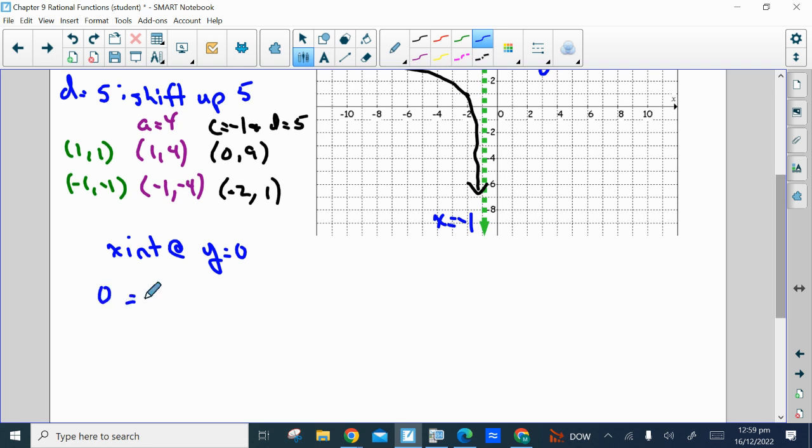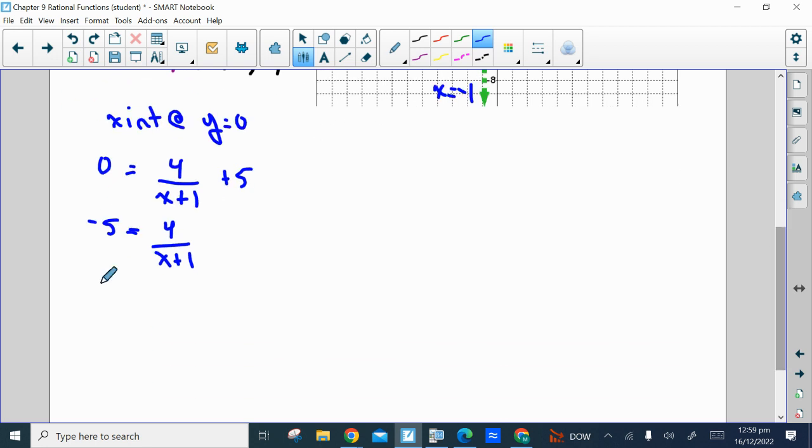So 0 will equal 4 over x plus 1, plus 5. So we would subtract the 5 from both sides. We'll get -5 over on the left. Multiply both sides by the x plus 1. And I'm going to divide both sides by the -5.